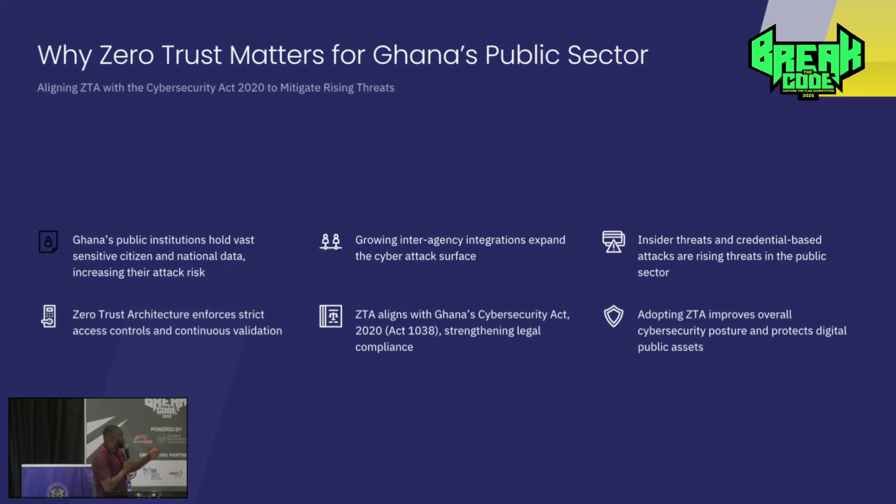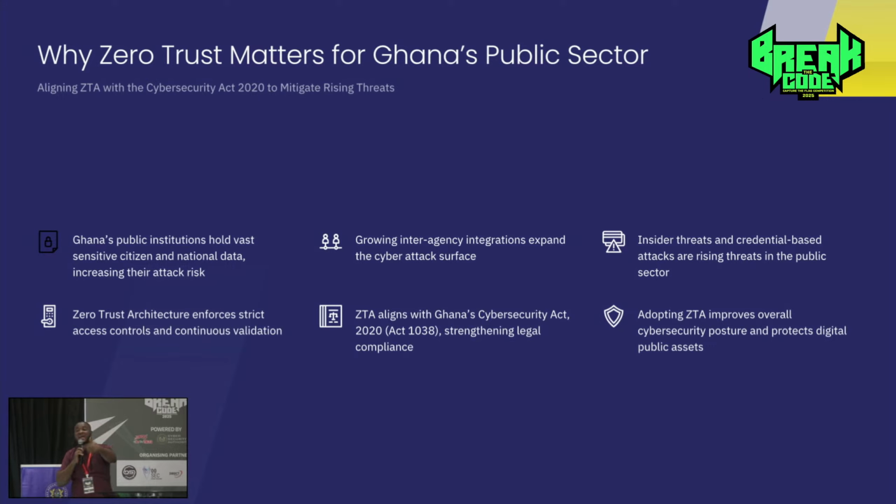Now, growing interagency integrations. Because we are in the era of digitalization in Ghana, institutions are connecting to each other. There is something called third-party risk. NIA is the custodian of our Ghana card data. Institutions want to connect to NIA data and verify us for any transactions that we do. When that happens, the institution trying to connect becomes a third party to NIA.